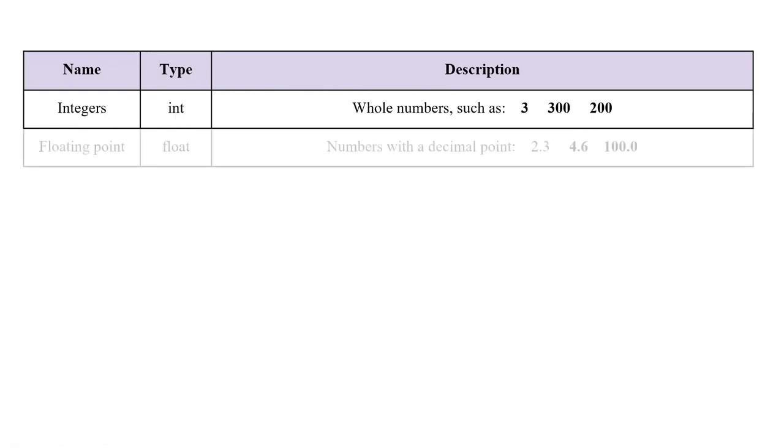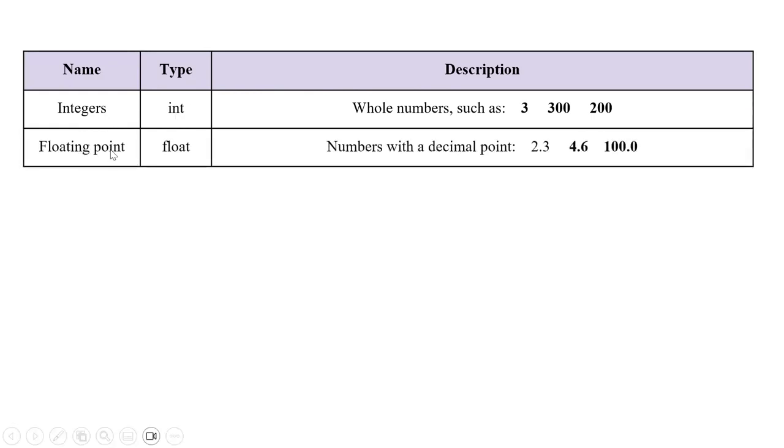Next data type, floating point. In numbers itself, we have two types. These are integers, but the second type of number available is floating point numbers, or as other programming languages say, decimals. The type is float. They all have a decimal point.